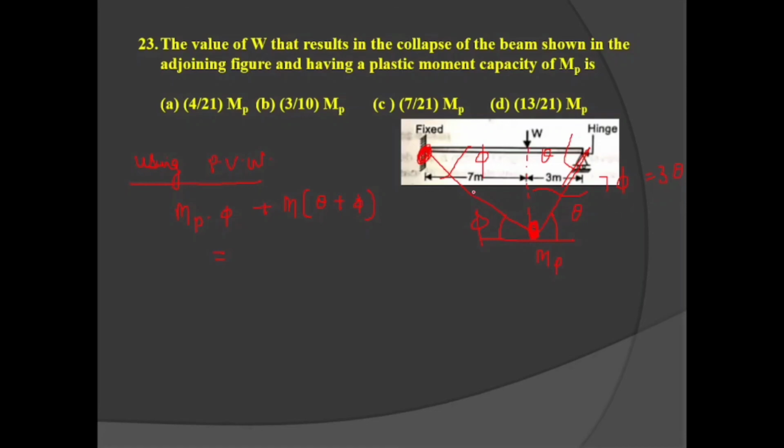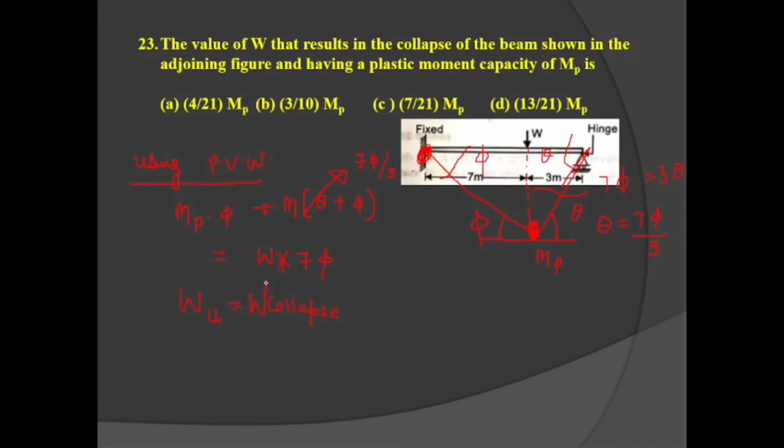You can balance the units. So theta is equal to 7 phi by 3. Put that value of theta, so the complete equation is in terms of phi. Here we have to calculate the value of W, so W becomes W ultimate or W collapse.